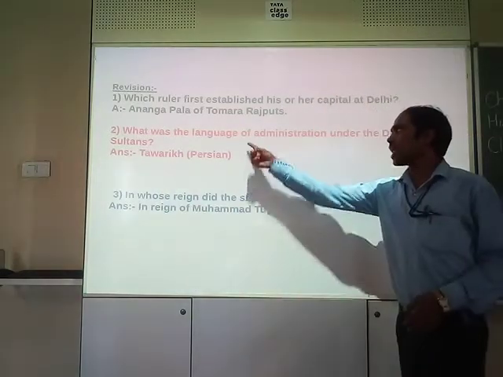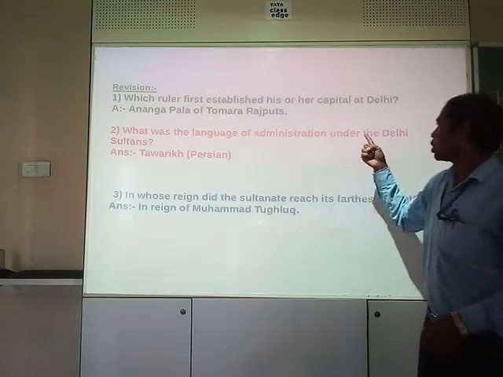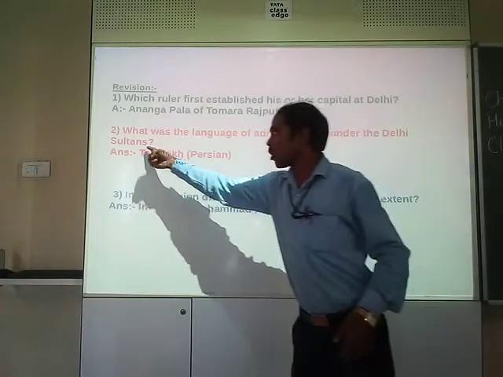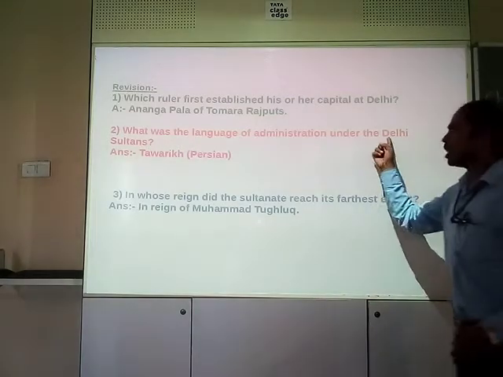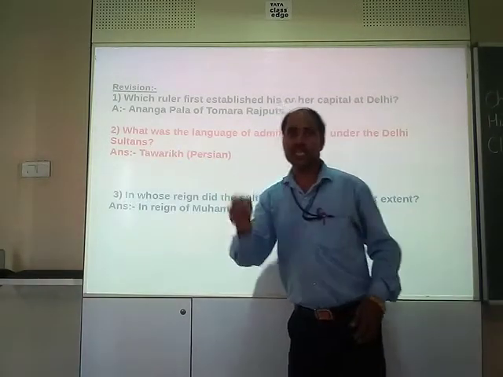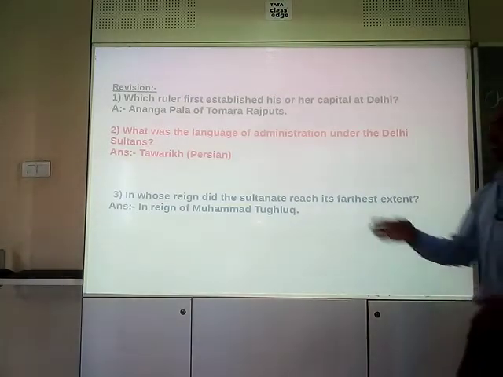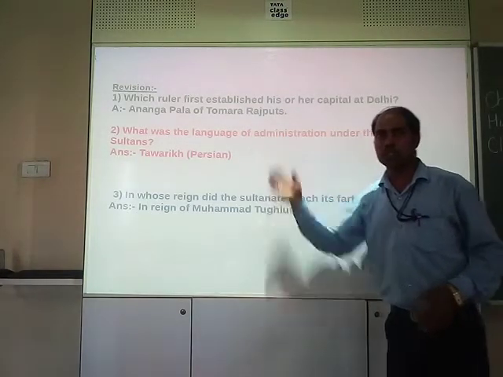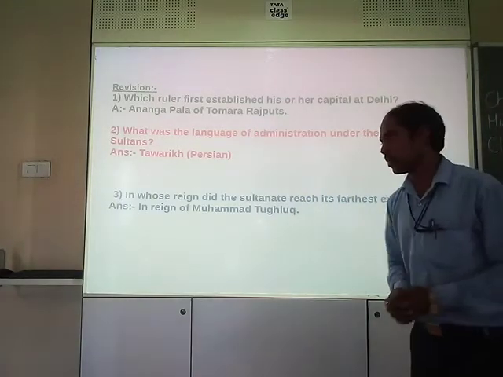It was the language of administration, the language used during the reign of the Delhi Sultans, and this was the main language during the Delhi Sultanate. Okay, clear? I don't think there will be any problem with these two questions because these are short questions, just to have a warm-up session.